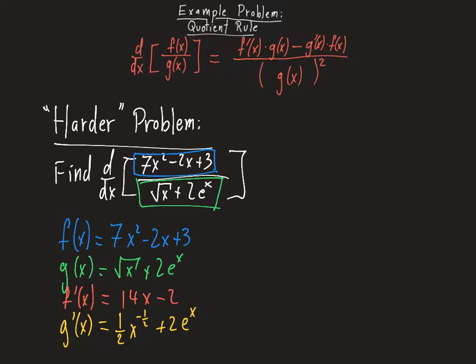This one might not be super obvious to you guys right away. If you don't see this, then I suggest that you practice some of the derivative problems from a previous homework set that I assigned. All you need to use for this guy is over here, this is a power rule. And over here, this is just an exponential rule.